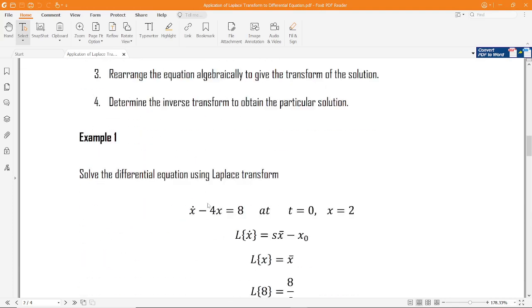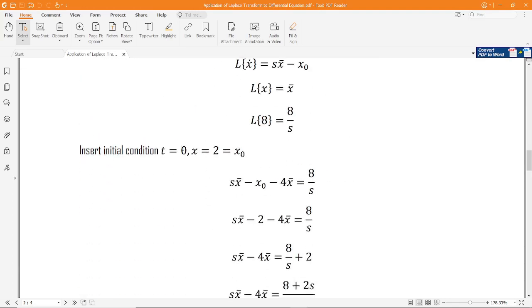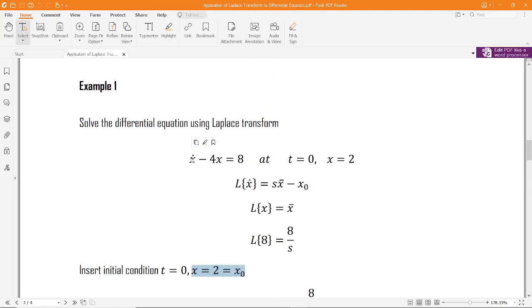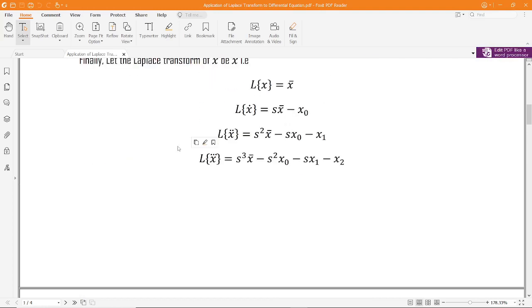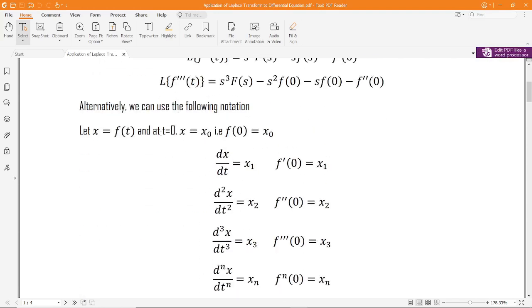That is how we are going to insert the initial conditions here, because you might be wondering, how do I know where to put my 2? That's why I did it here, that x equals 2 equals x naught. Where I got this from is from here: at time t equals 0, x equals x naught, and at time t equals 0 also, x dot is x1, x double dot is x2, x triple dot is x3.